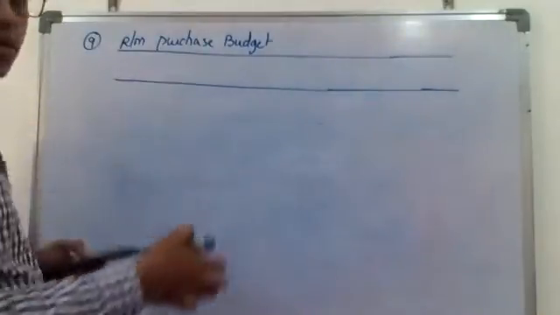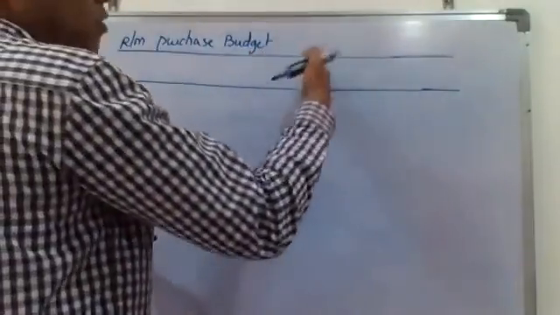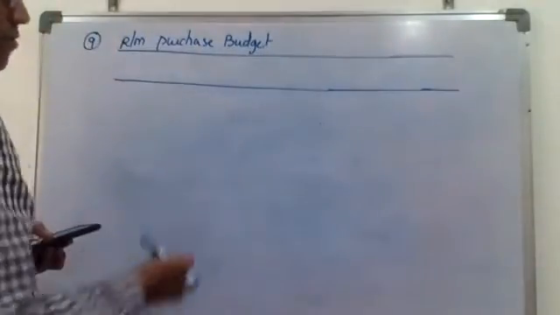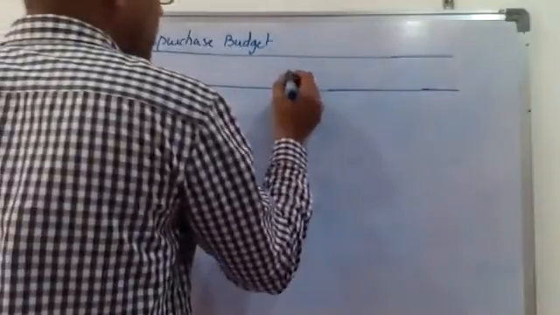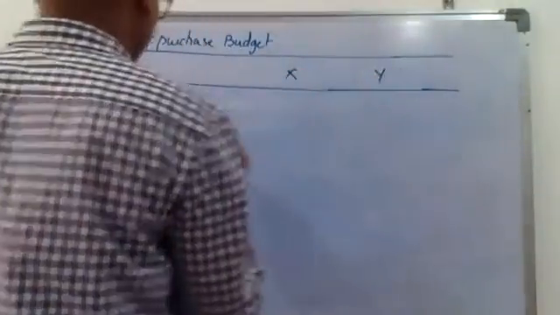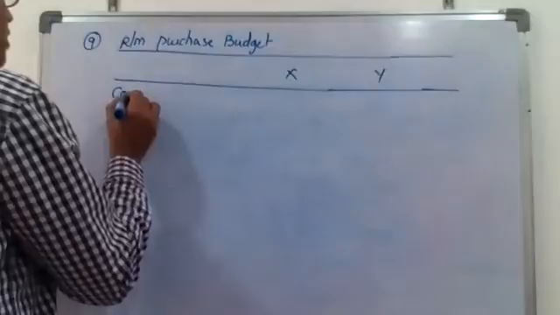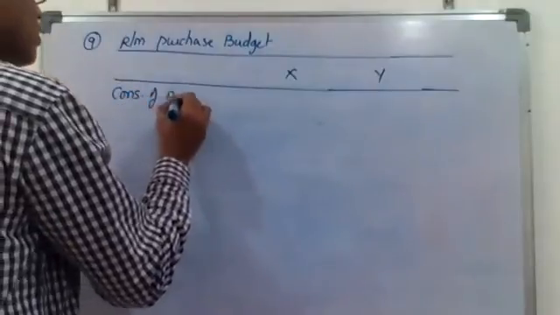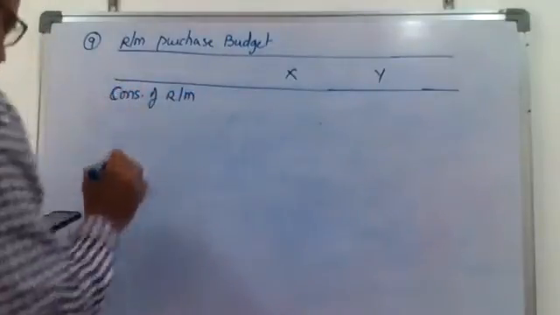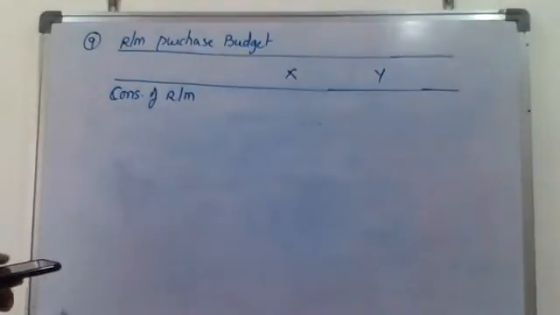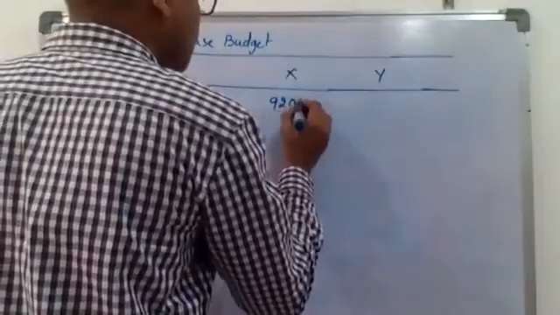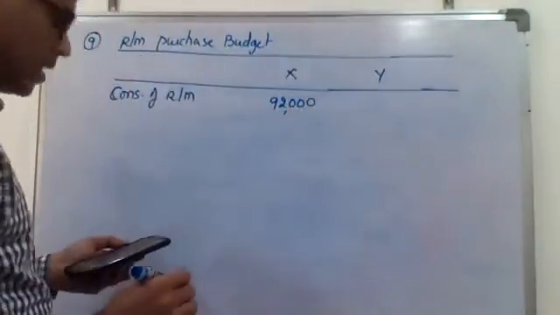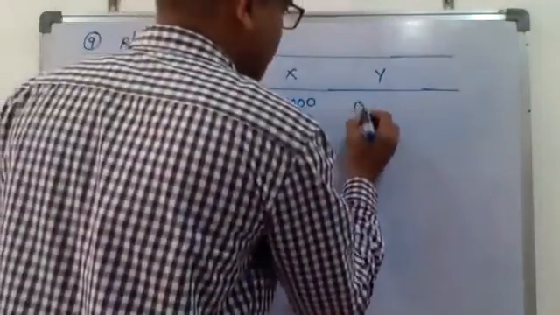You can do it keeping the product raw material X and Y here because you can get more space. Let me try this way. X, Y. So, what do you start with? Consumption of raw material. How much is the consumption? We got 92,000 units of X and 1,84,000 of Y.